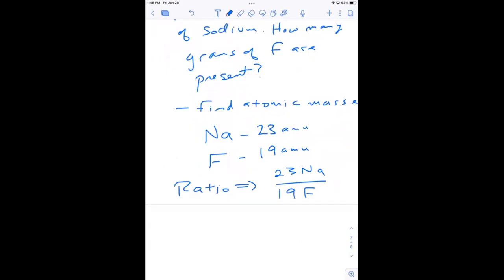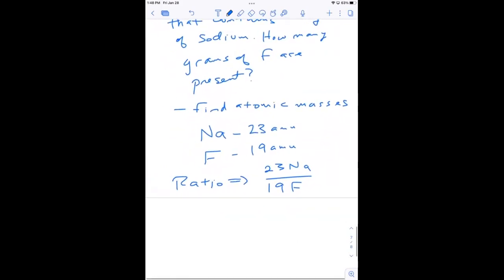And when I say ratio, now we're talking about the mass ratio, because we looked up the atomic mass, right? 23 AMUs for sodium, 19 for fluorine.